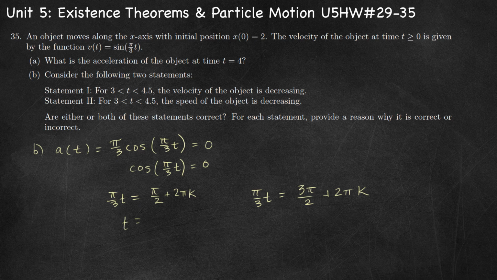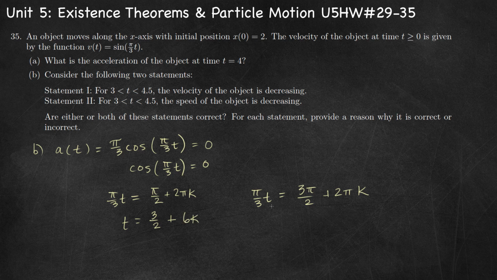So we get t equals, if I multiply pi over 2 by 3 over pi, I get 3 over 2, plus, and then here I'm also multiplying by 3 over pi, which just gives me 6k.